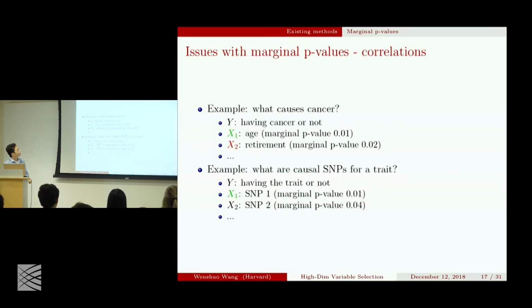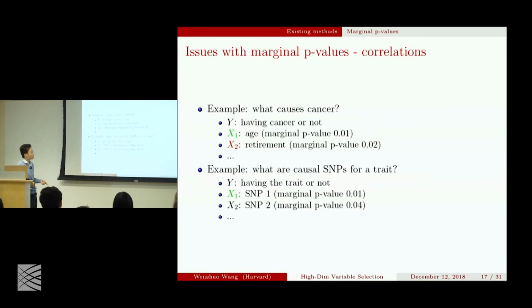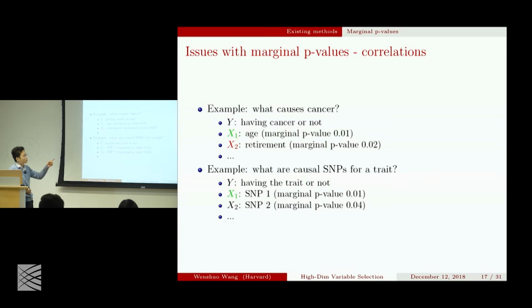Okay, and also an issue with marginal p-values is something we have been talking about a lot, which is the correlations among the Xs. For example, if I want to study what could be causing cancer, our response y would be whether a person has cancer or not. If we do marginal testing, we're going to discover both age and retirement are significant because the marginal p-values are 0.01 and 0.02, below 0.05, our magical number.